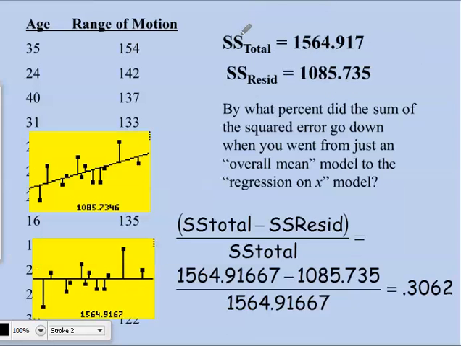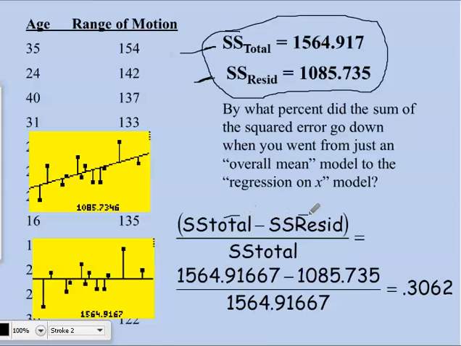Okay, so we've got these two numbers, the sum of squared total and the sum of squared residuals. If we wanted to see how much they differed, how much change there was from just using the y mean to using the y hat, we take the sum of squared total minus the sum of squared residual, divided by the sum of squared total, and we get this 0.3062. 30%.